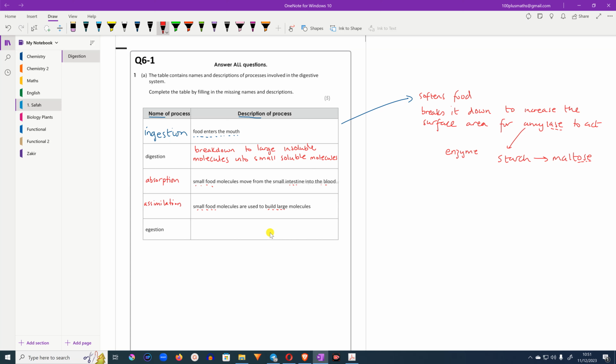That's when the food that you've just eaten becomes part of your body, becomes cells. Egestion is the removal of undigested food out of or through the anus.